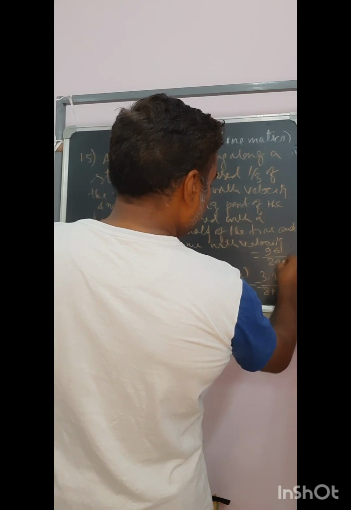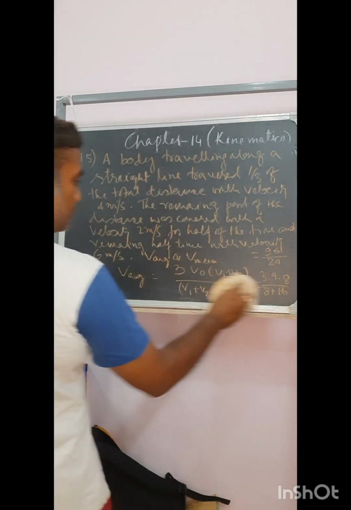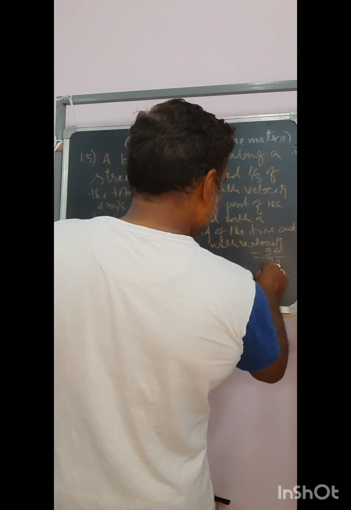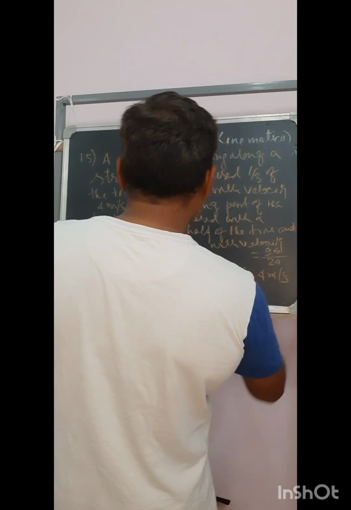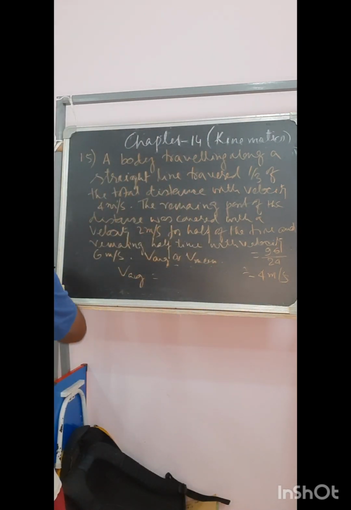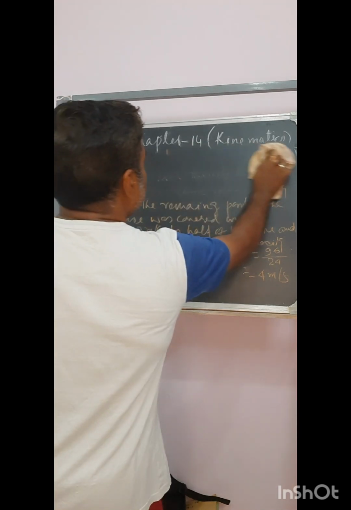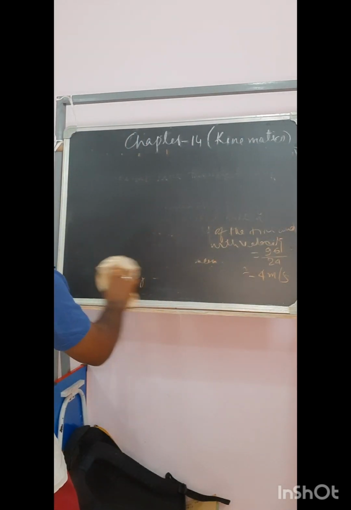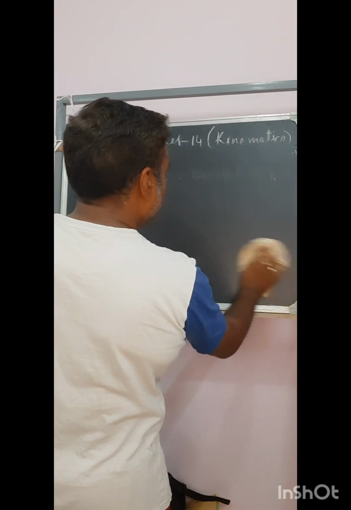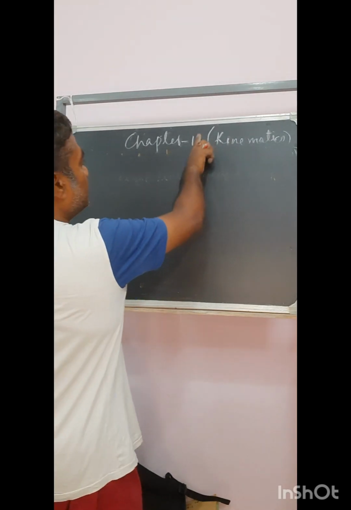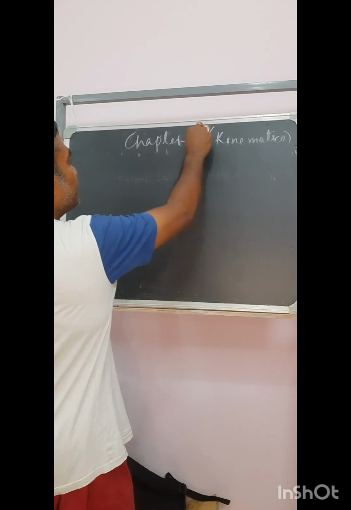So that will give you how much? That is equal to 4 meter per second. This will be the average velocity. Okay, so this is up to this chapter, and next I will move to chapter number 15. Okay, thank you.